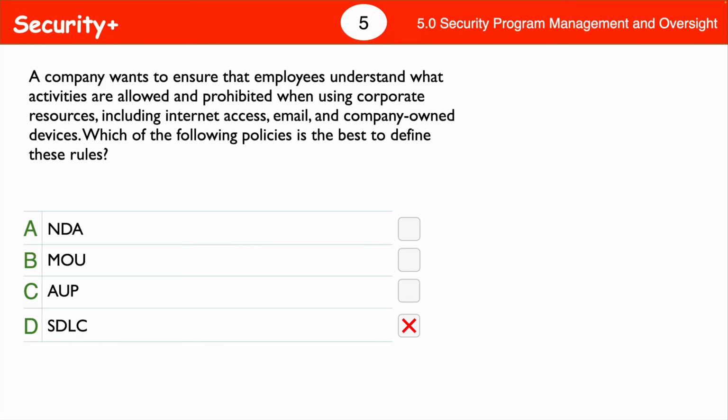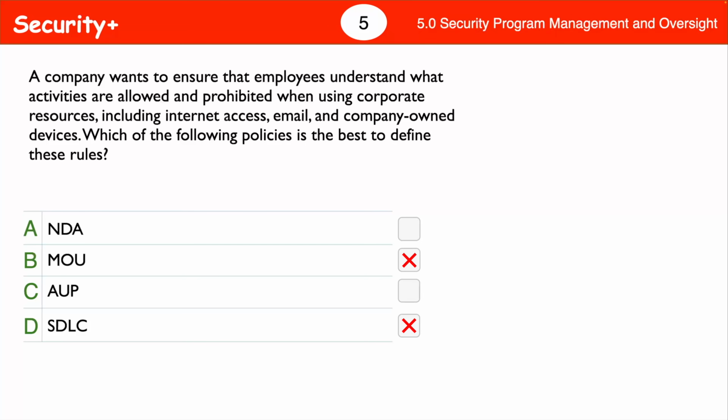And then next, we can eliminate B, MOU. That's going to stand for a memorandum of understanding, and it's an agreement between two parties. It outlines terms and expectations, but it's not really a policy that governs employee behavior. And that's what the scenario is asking for.